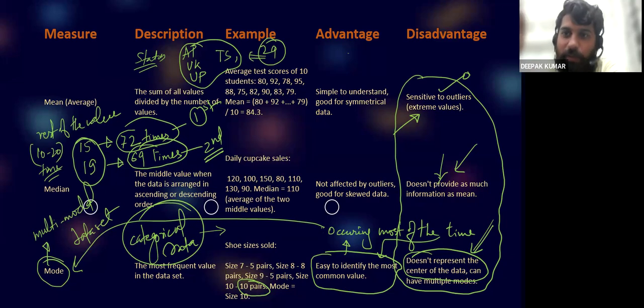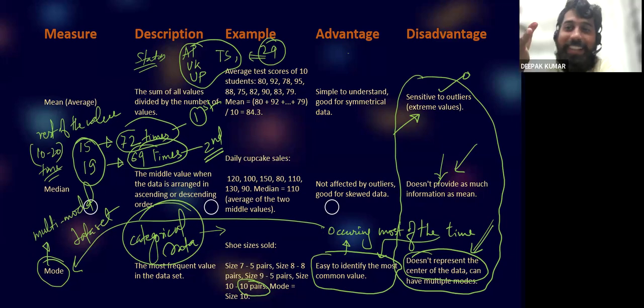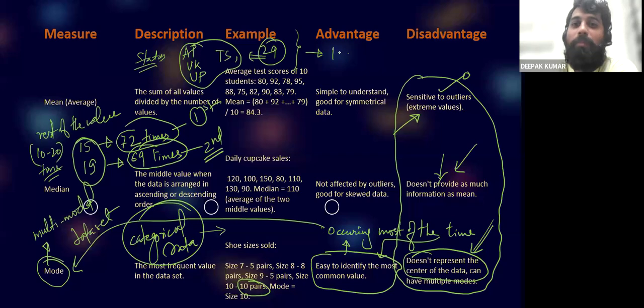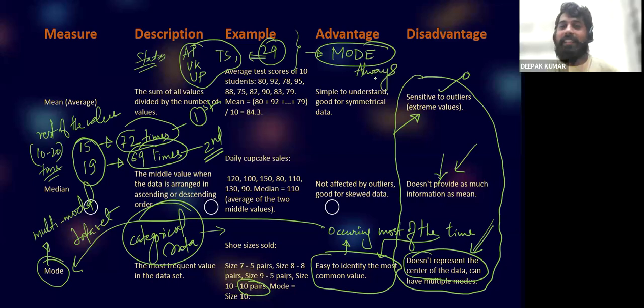Can you find a median of them? Yes or no? No, sir, not possible, not logical. That's why in those situations we always go for mode. Always mode. So either the data is categorical or you don't want to find the center, please go for mode. Hope I make sense.